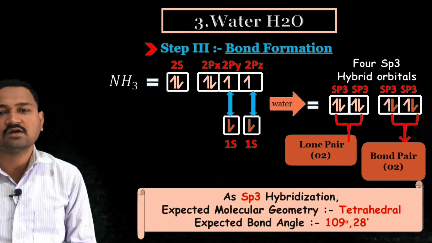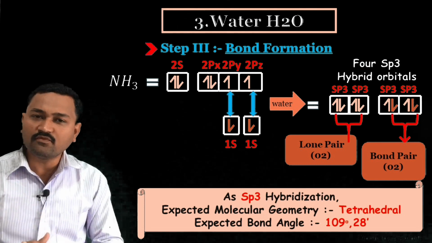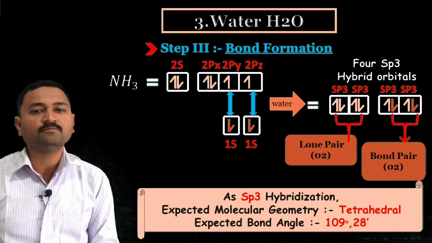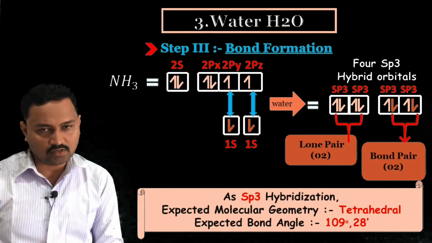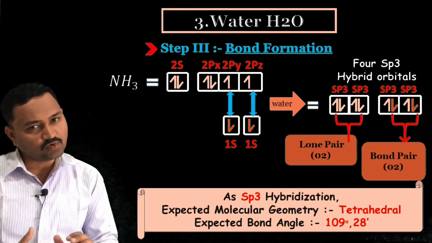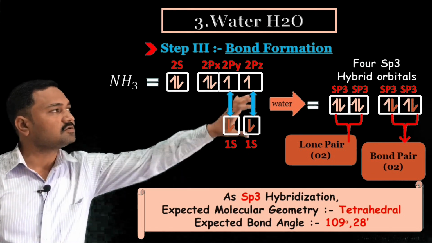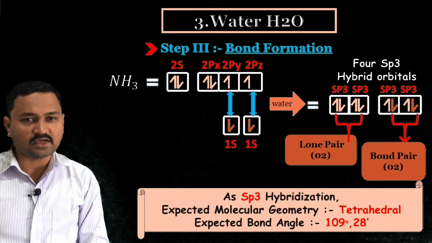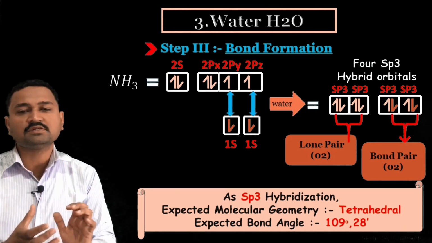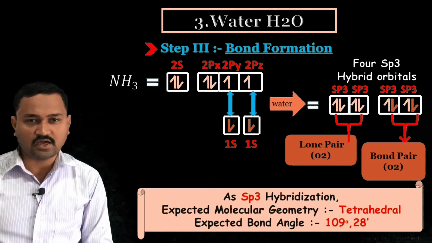Here you will observe that out of the 4 sp3 hybrid orbitals, 2 sp3 hybrid orbitals contain a pair of electrons, which is a non-bonding pair or lone pair, while the remaining 2 sp3 hybrid orbitals containing an unpaired electron overlap with the 1s atomic orbitals of 2 hydrogen atoms and form the water molecule. In the water molecule, there are 2 lone pairs of electrons and 2 bond pairs present on the central oxygen atom.